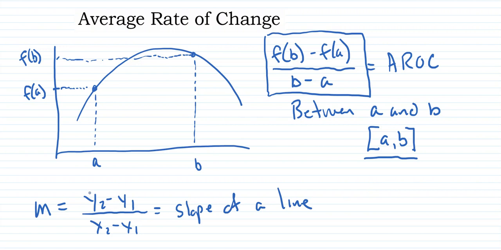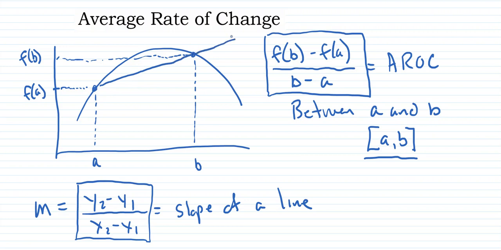And so because these two formulas, the slope of the line between 2 points and the average rate of change formula, are the same, we can say that the line drawn between these 2 points, which is called a secant line, represents the average rate of change.